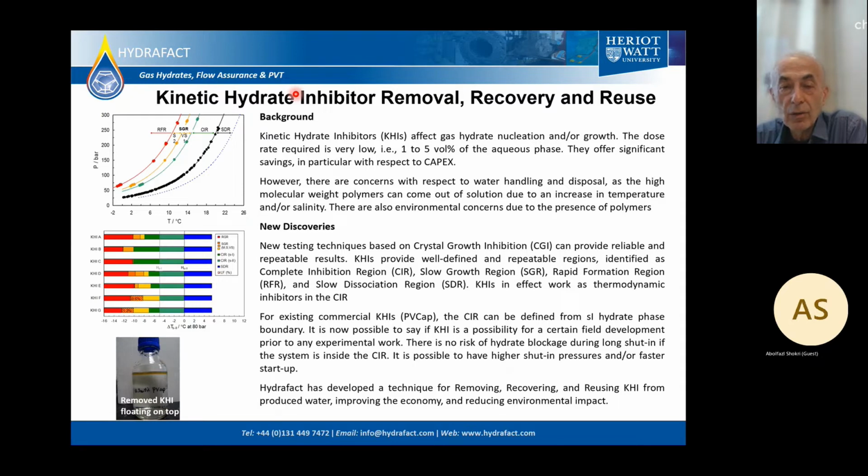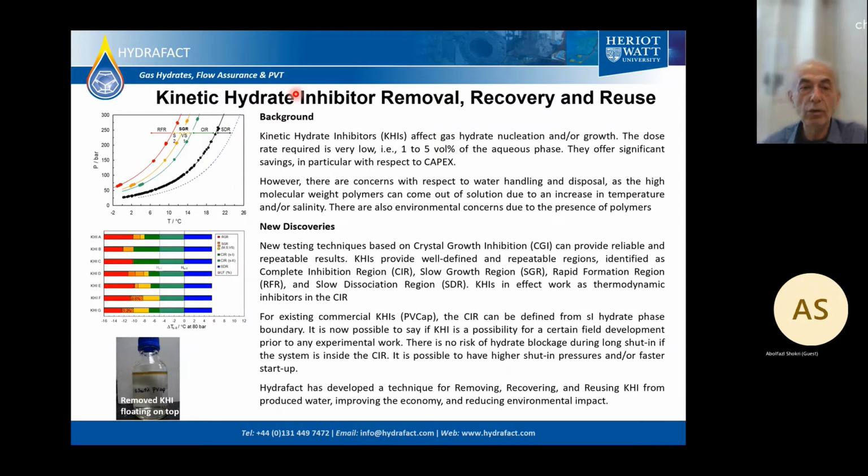Otherwise, they can use kinetic hydrate inhibitor because we have two limitations in an offshore rig. One is the space footprint, and the other one is weight. So offshore rigs normally use kinetic hydrate inhibitor.